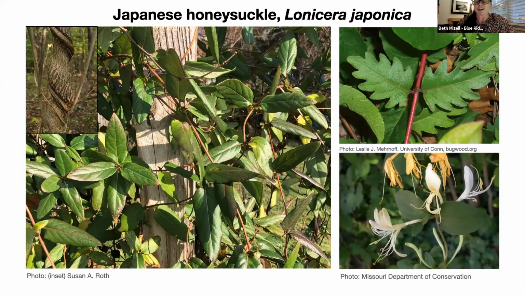But Japanese honeysuckle is not a good vine for our trees. They form thick tangles of vines that smother and kill vegetation. It kills shrubs and trees by girdling them. I just want to point out that the photo in the upper left inset is an example of how Japanese honeysuckle twines around a tree sapling and girdles it, effectively killing the tree.